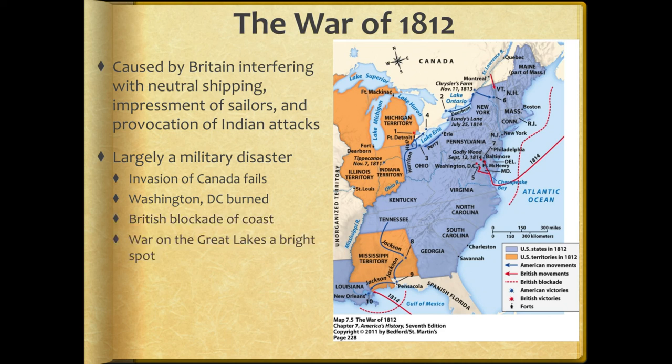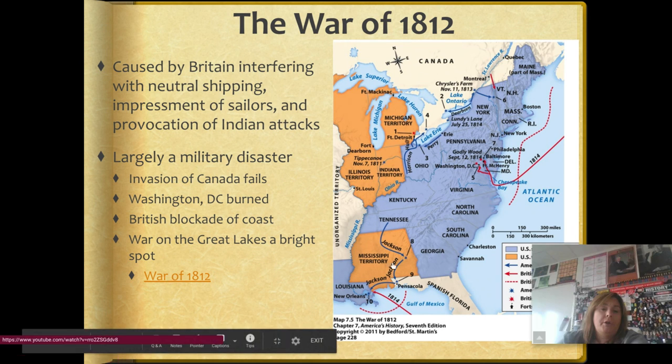You have General Oliver Perry, and some good outcomes happening around the Great Lakes, like Michigan, Lake Erie, Lake Huron, around there. I have a little video on the War of 1812 that is going to explain things to you a little bit better.